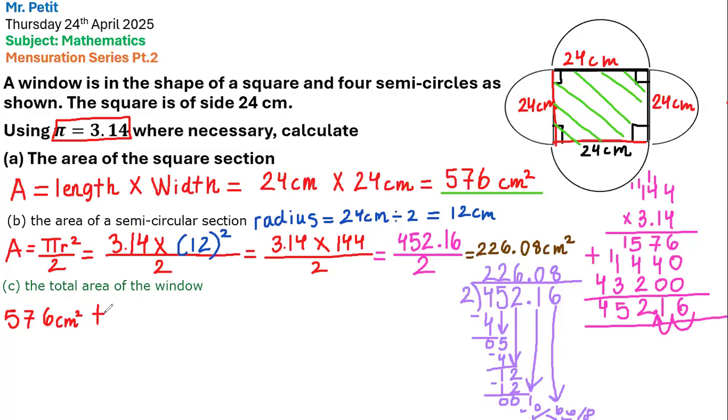So we add plus what? We already did the area of the square. Now we have to do the area of just one semicircular portion, right? We just need the area of one, right?